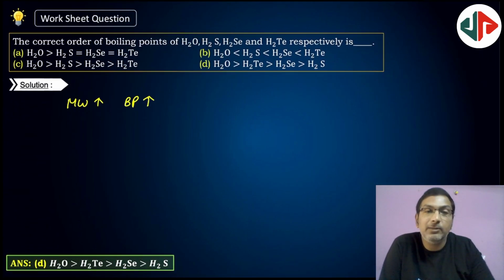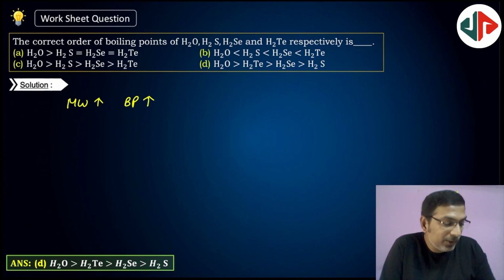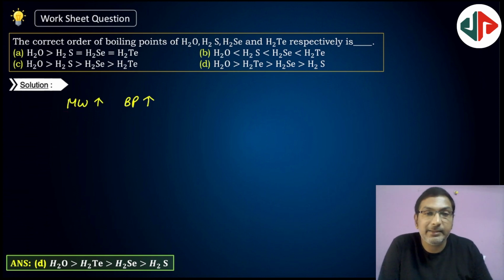Next. The correct order of boiling points of H2O, H2S, H2Se, H2Te are. So, boiling point is directly proportional to molecular weight. As the molecular weight increases, boiling point also increases due to increase of van der Waals force of attraction.